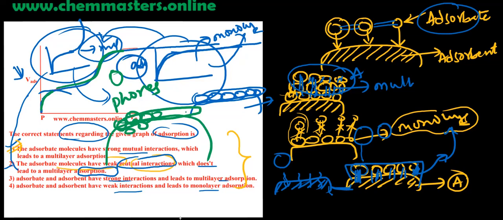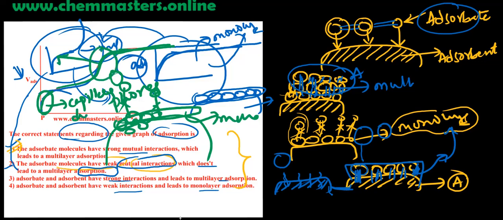It makes a monolayer, and after formation of the monolayer there is no further adsorption because of weak interactions between adsorbate molecules. So this adsorption is due to capillary action, capillary adsorption, and monolayer formation of adsorbate molecules.